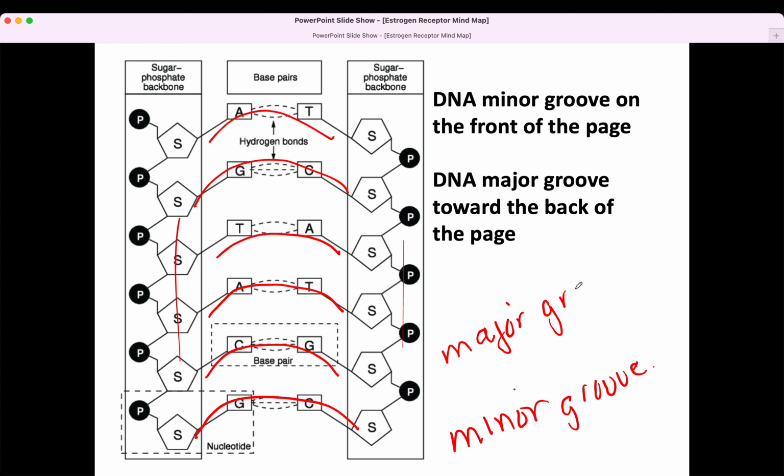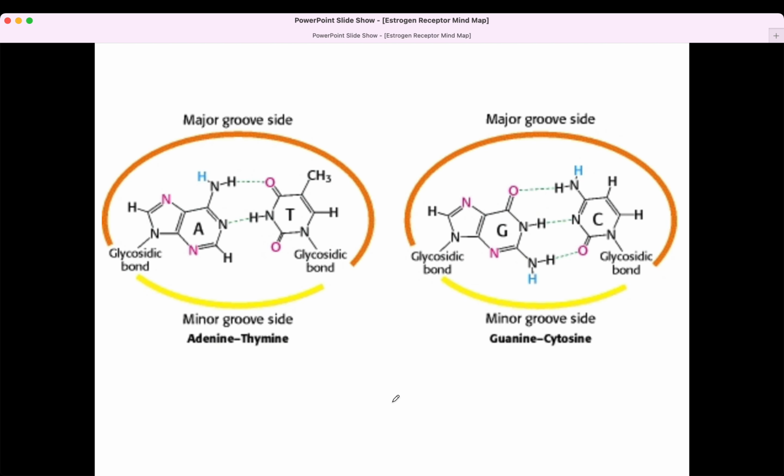And so just one more detail that we want to learn about the structure, and this is shown here where now we're looking down at the legs of the ladder, and they're the rungs, and you can see there's a kind of curve to the base pairs.